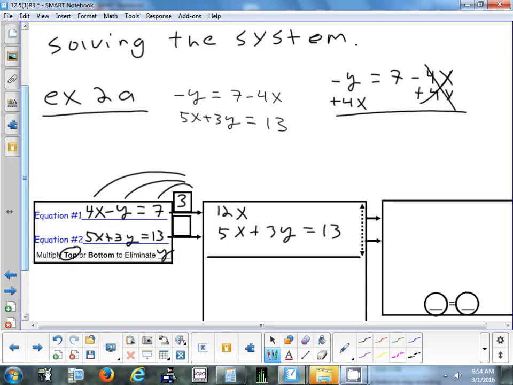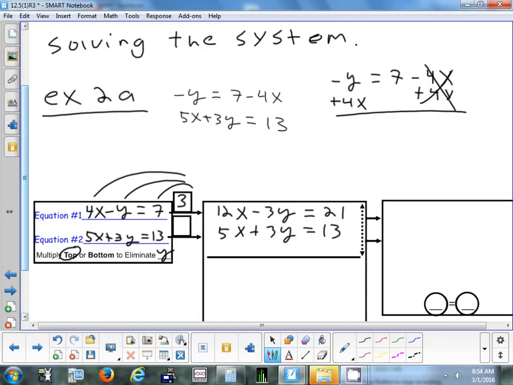It's a positive times a negative, so that's a... You want to help him out, Kevin? Yep. 3 times negative y is negative 3y. And lastly, 7 times 3. So you just add the y to it? Yep. You just put the y on the end, and because it was a positive times a negative, it's a negative. And then 7 times 3 gives me 21.